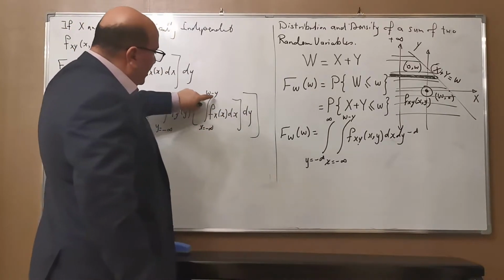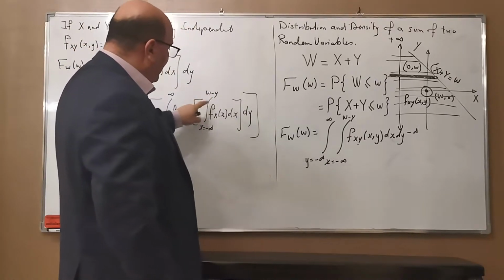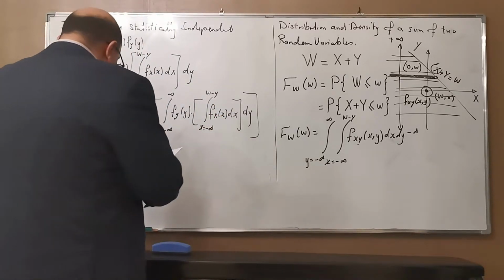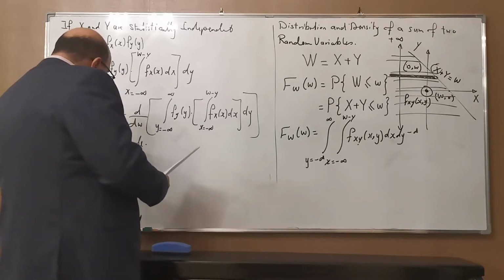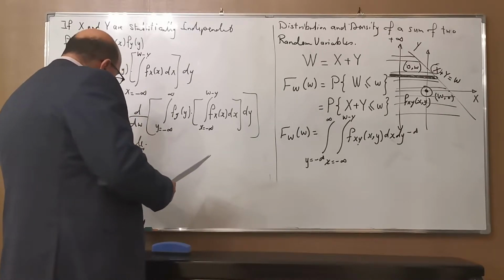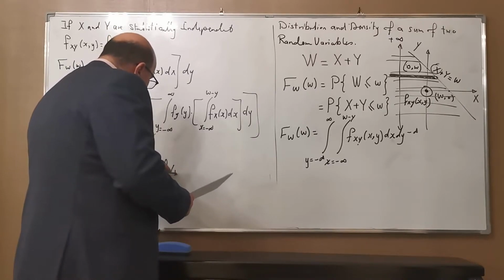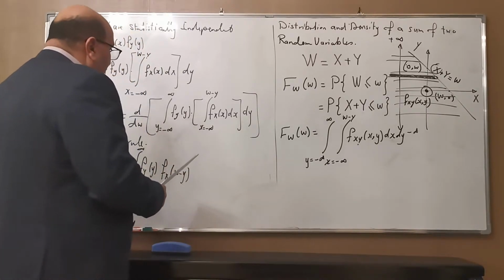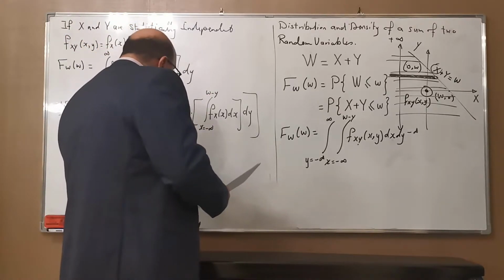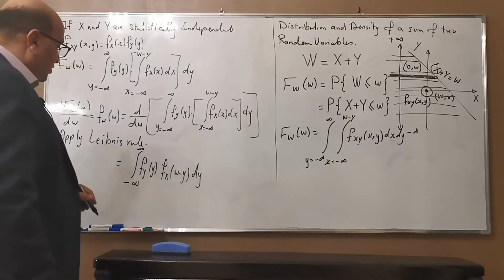The upper one is a function of w, so it will have a value. The lower one is 0, and the inside here is 0. So the end result is an integration from minus infinity to infinity over y, fy of y times fx of w minus y. This is the upper term of the derivative, times dy.